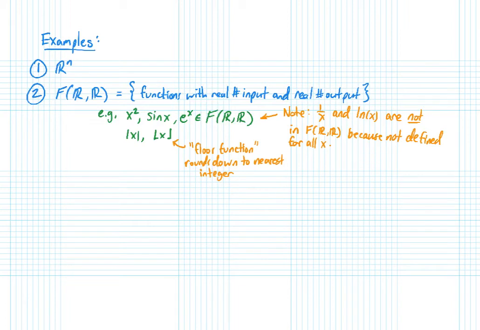So for example, the floor of square root of 2 is 1, the floor of pi is 3, the floor of e is 2. It's just rounding down to the nearest integer. So the floor function is not continuous, but it's a valid function. It's defined for all x.